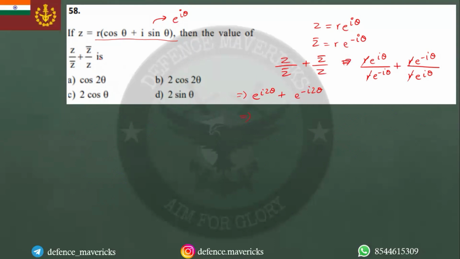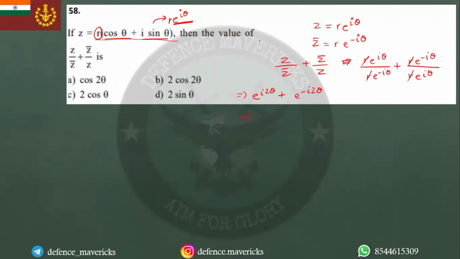If you don't know that, then I will just tell you. If we do not consider this r, then cos theta plus i sin theta is e power i theta, where e is Euler's number. If you want to write r also, you can write r e power i theta. This theta is the argument and this r is the modulus.